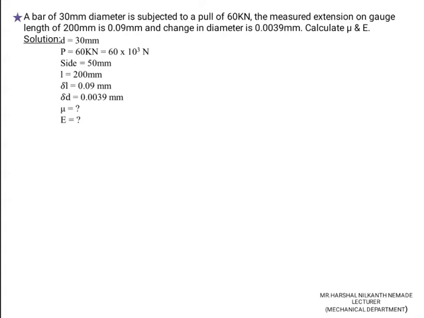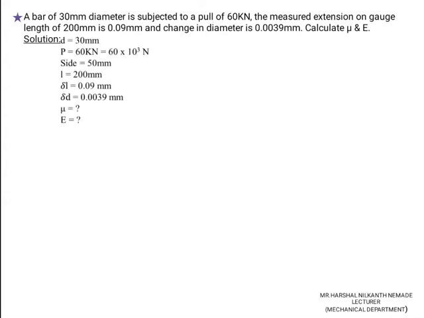Side they have not given, length is given as 200 mm, delta L is given as 0.09 mm, delta D is given as 0.0039 mm. Mu I have to find out, capital E I have to find out.